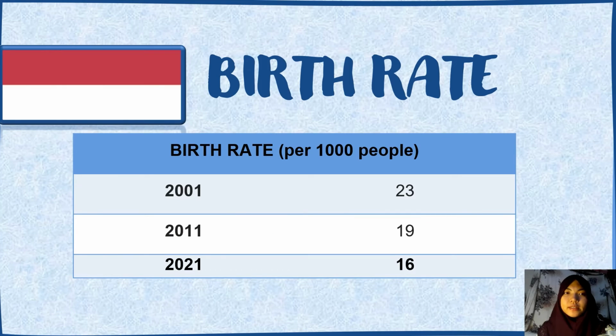This table shows that the birth rate of Indonesia per 1,000 people was high in 2001, which was recorded at 23, then 19 in 2011, and it declined in 2021 to 16 per 1,000 people respectively.